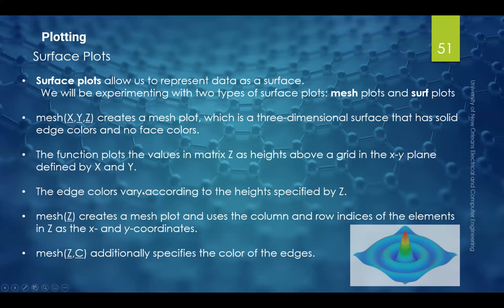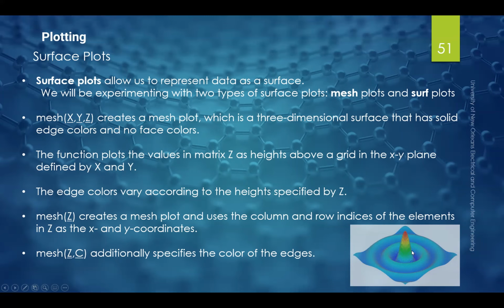The edge colors may vary according to the height specified by Z, which is also useful, right, visually. If you were to look at this plot from the very top, like a helicopter view, you wouldn't see the heights, right? You would just see the colors as a flat surface. So it's a way for the information to tell you the different heights by looking at the color.